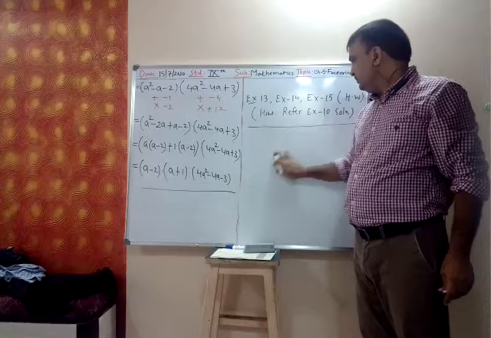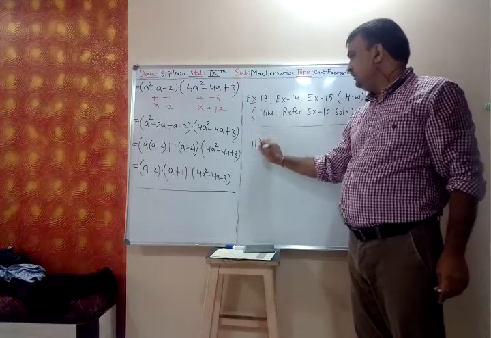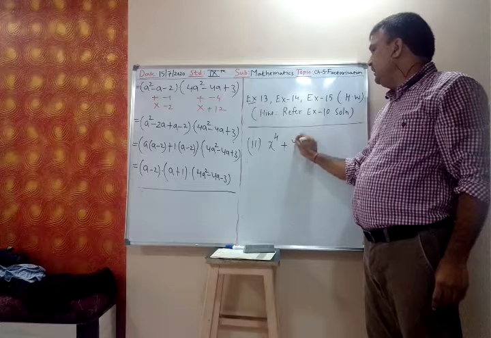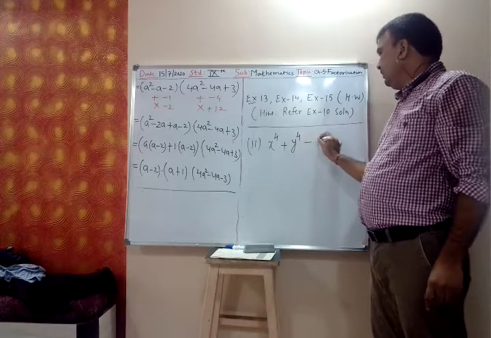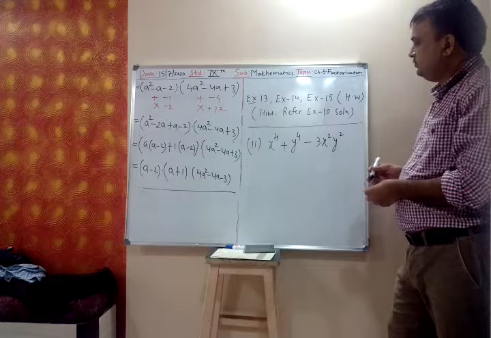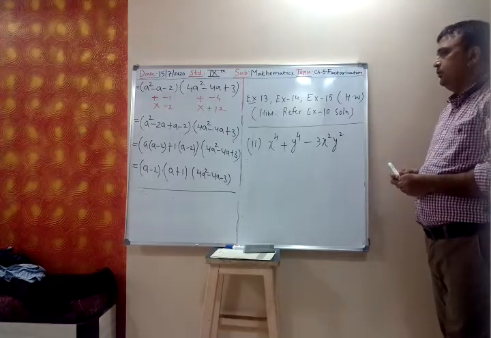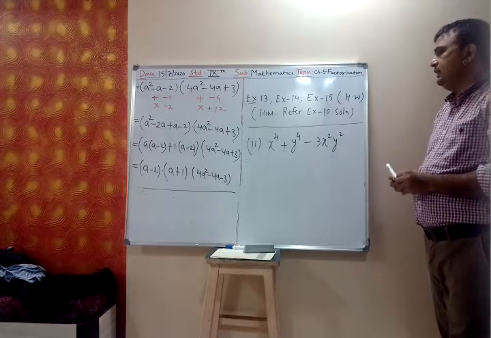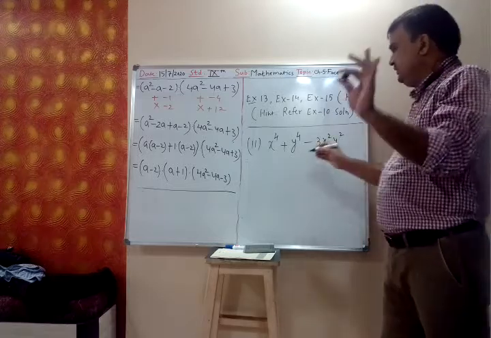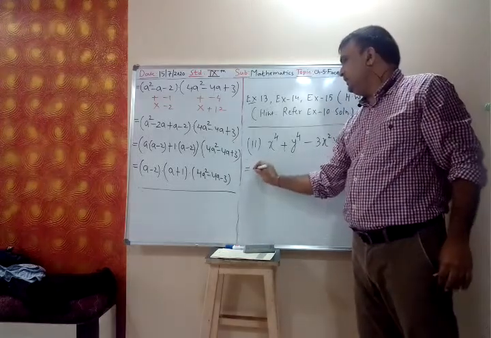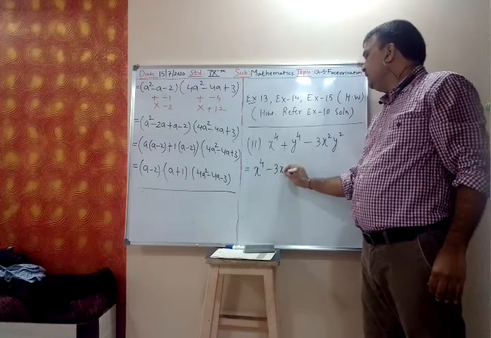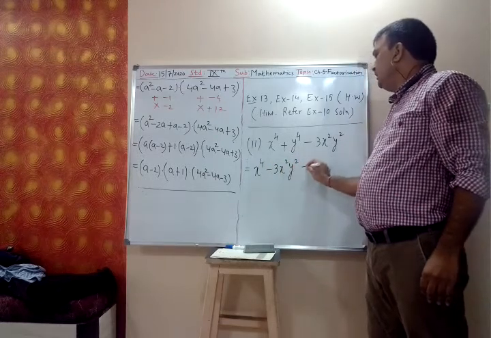Now let us solve the 11th. x raised to 4 plus y raised to 4 minus 3x square y square. Let me rewrite this first: x raised to 4 minus 3x square y square plus y raised to 4.